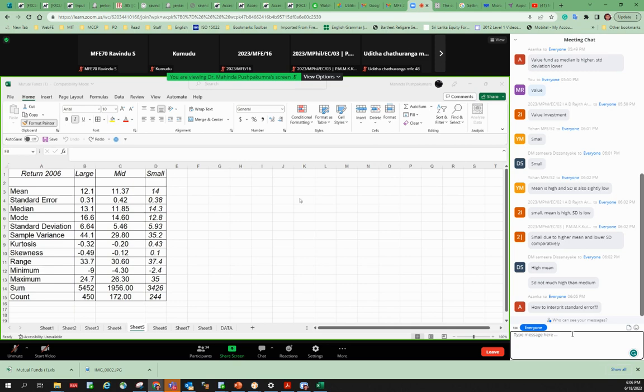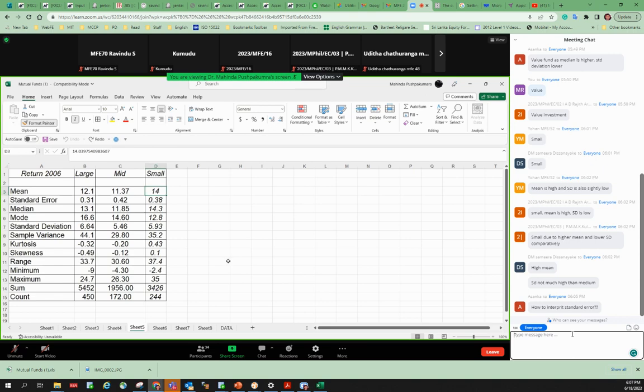Let's say if you want to create an investment portfolio, investing some amount of funds in large and some in middle and small, then you can calculate expected average return and maybe, no, I think that part we have not discussed yet. Okay, later I will explain.